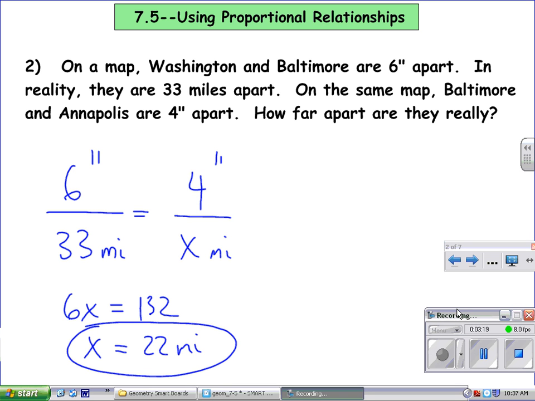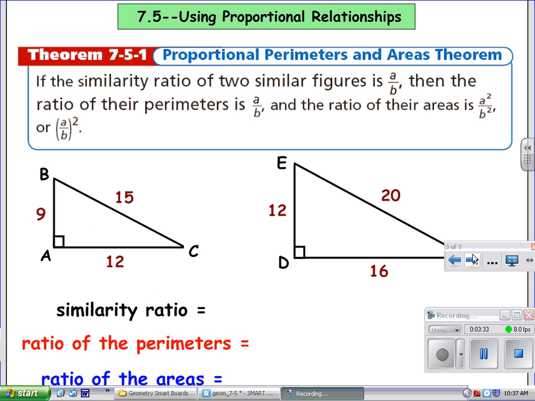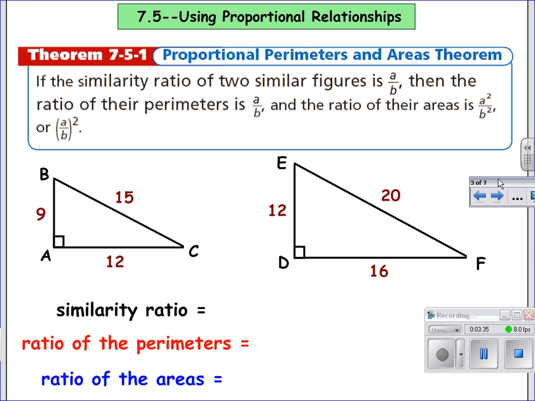All right, let's move right along to this one, which is now kind of our secondary big idea. This is the only new thing in this section you might not have heard. Okay? So the idea is similarity ratio. We've talked about that a little bit. So let's check in triangle ABC. I've got 9 is to 12, and then I've got 12 is to 16.